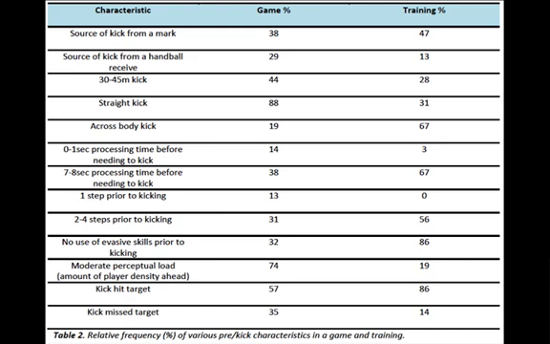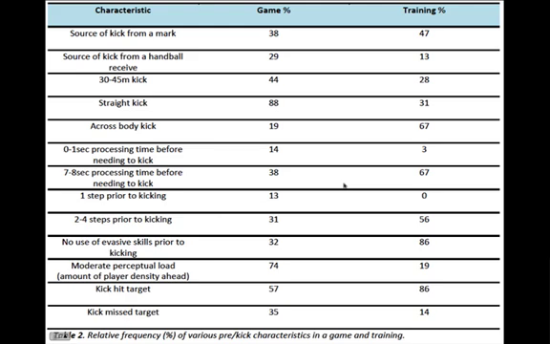All the types of kicks, what happens before the kick, after the kick, the perceptual demands, distance of kick, all these things. So it's a comparison looking at the percentages that occur in a game versus this study which analysed a certain team's training sessions over a period of time to look at the percentage breakdown there.